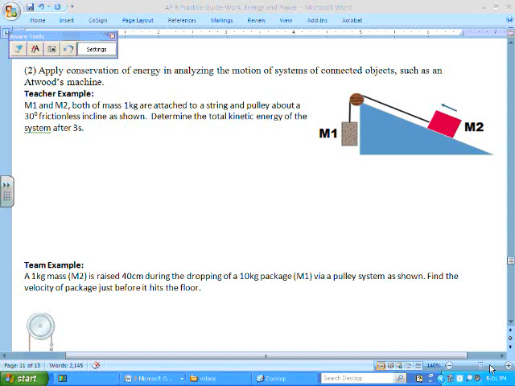Now, there are many ways to go about problem solving here. I find that the most effective, the shortest way, would be to use the work energy theorem. But let's start by looking at these two masses, and let's consider what they're going through and what their motion is going to be.